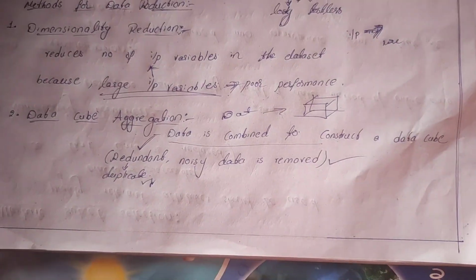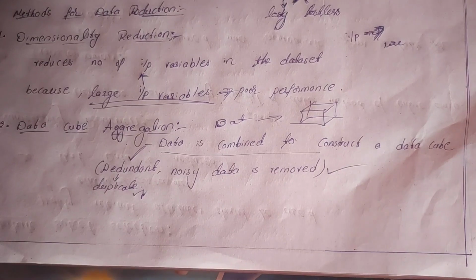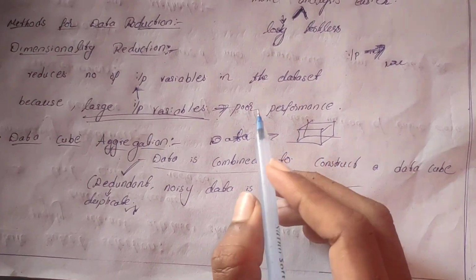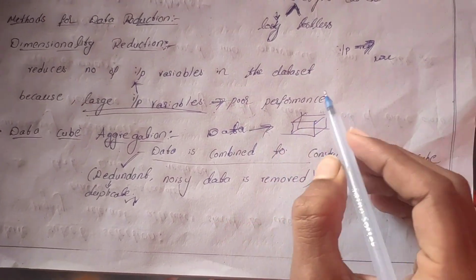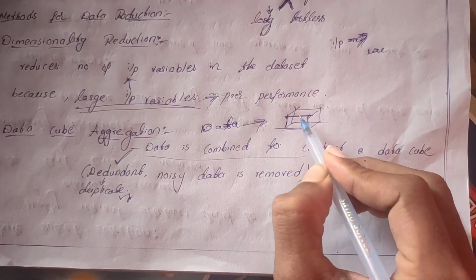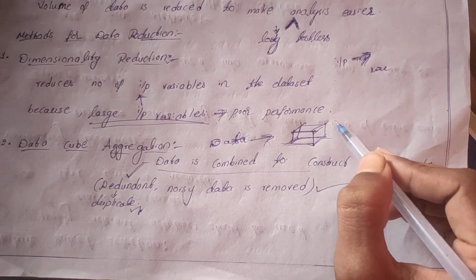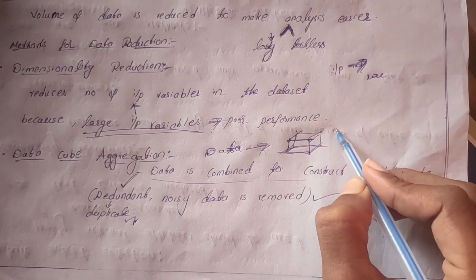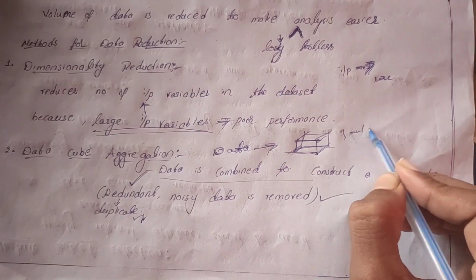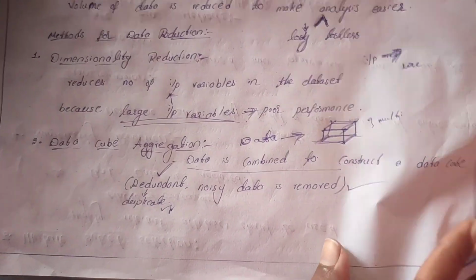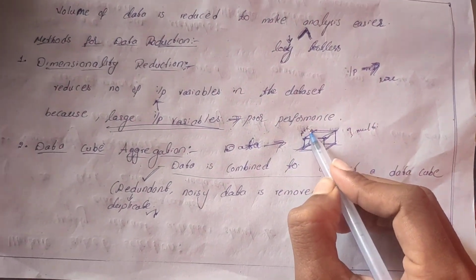We already saw in data warehousing that data will be converted into data cube format. Okay, this is a data cube. In data warehousing it is multi-dimensional, so we convert it into a cube format. Attributes also will be there.